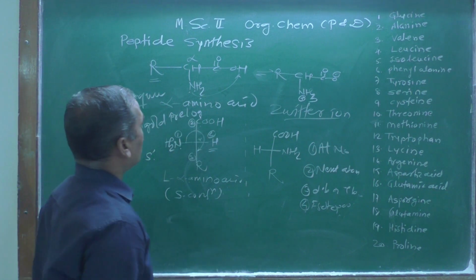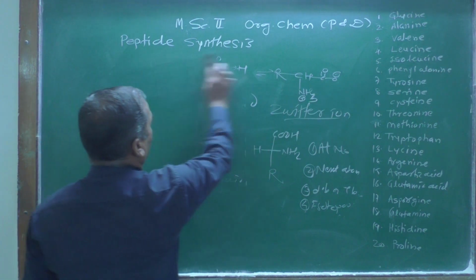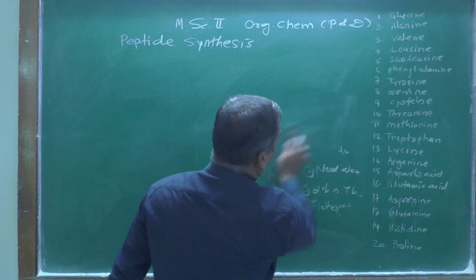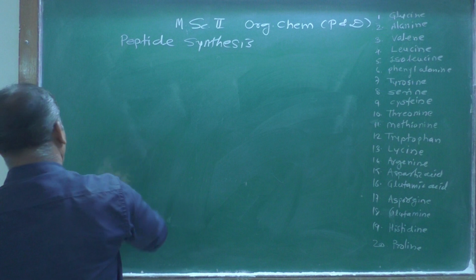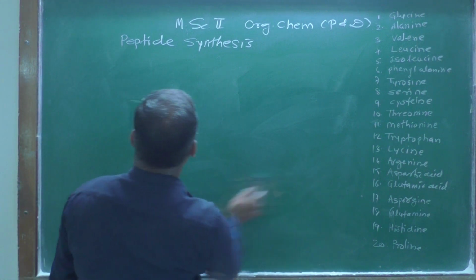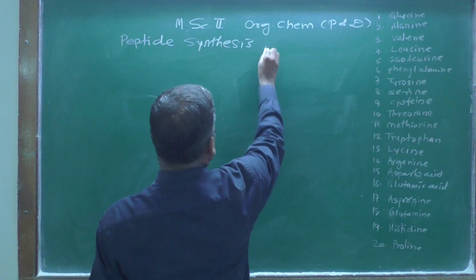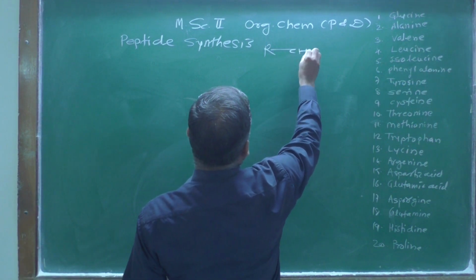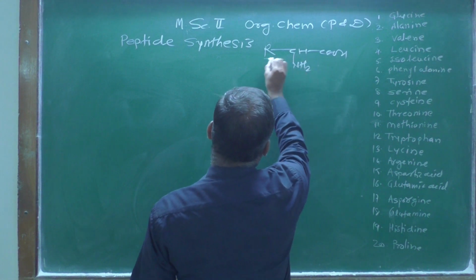Now, for the synthesis, how the peptide bonds occur, before that, let us see the structure of these alpha amino acids. Number one, suppose we have a general structure R, then CH, COOH, and here NH2.